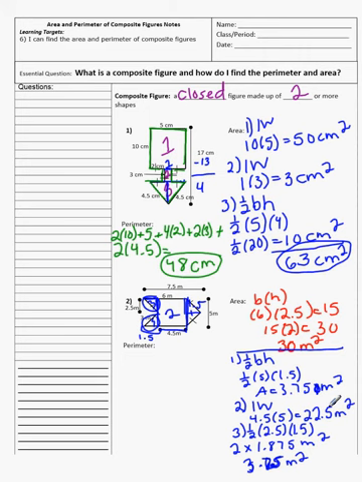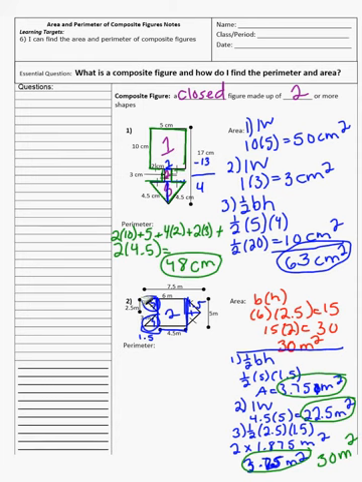Now, to get the area of the whole figure, and we can check to see if we get the same thing as before, we add 3.75 meters squared to 22.5 meters squared to 3.75 meters squared, and we should get 30 meters squared for the area.